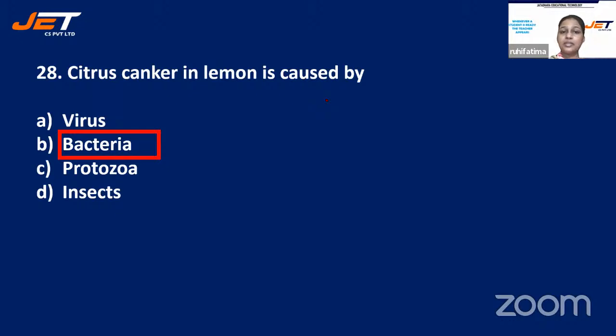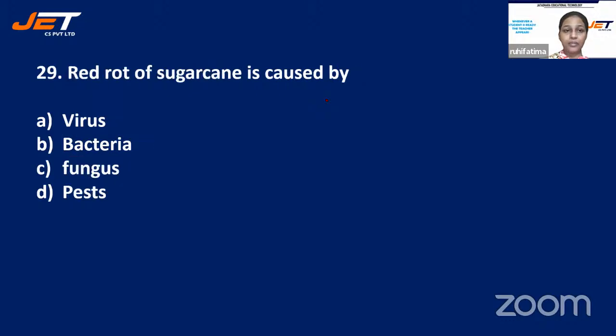In citrus fruits like lemon and oranges, there is a small, tumorous growth, and that is known as citrus canker. You can see in your houses also, sometimes small pustule-like growth in lemon or sometimes in oranges. So that is an infected lemon or orange. It is infected by bacteria.